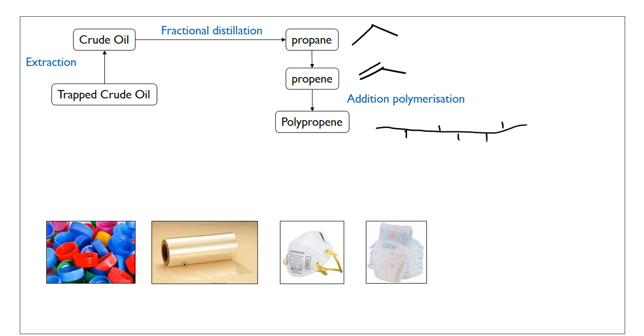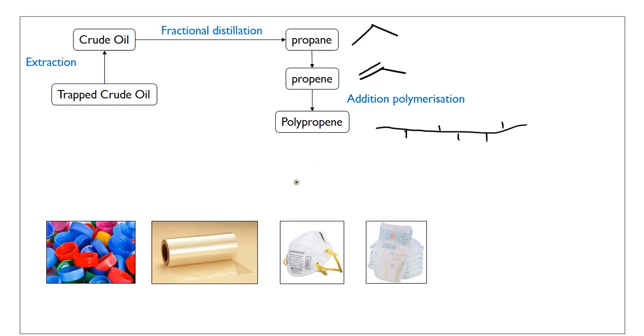It looks like cling wrap, but it's a little bit harder. So it is used in, say, the packaging of cosmetic products, for example. If you buy lipsticks, you can see there's a package outside the lipstick. I don't know why any of you would buy lipstick at this point. Anyway, and then plastic lids, plastic bottle lids. This is one of the most common uses of polypropene, but there are other uses as well.